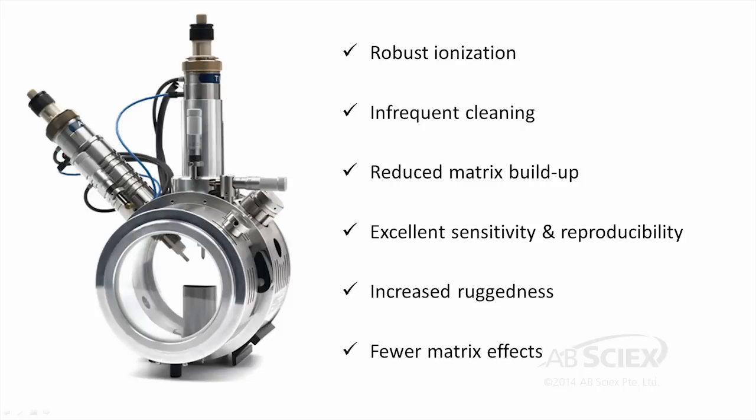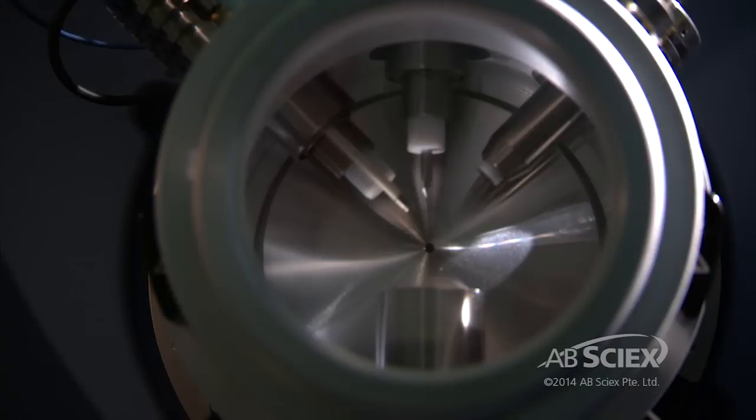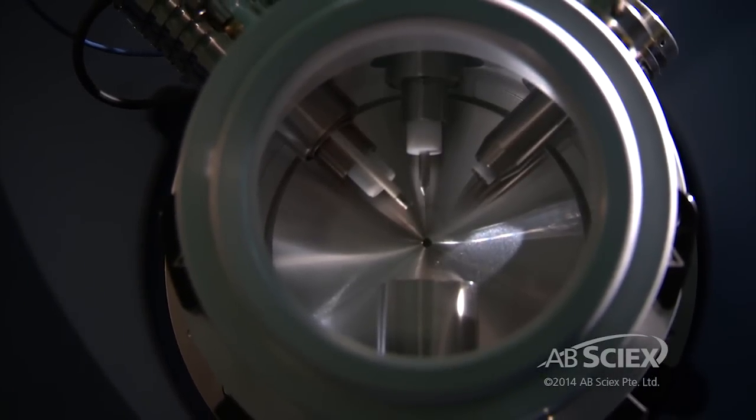But let's be honest, sometimes our sample extracts might look a little, well, like this, especially if we are performing limited sample cleanup for a non-targeted screening analysis. This is where a robust and rugged system can be your best friend. We actually analyzed more than 100 injections of a sludge sample just like this one for low-level hormone residues, and we observed no loss in signal sensitivity without cleaning the source once over the entire study.